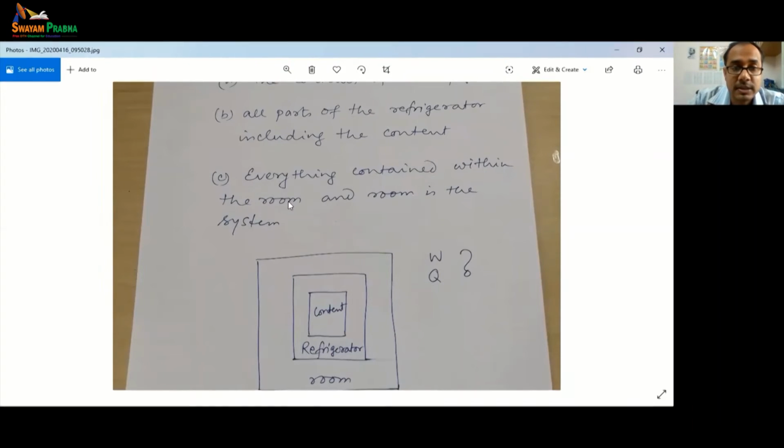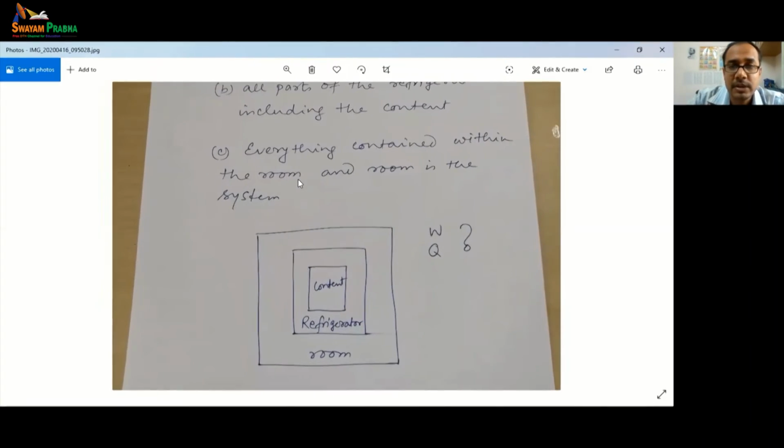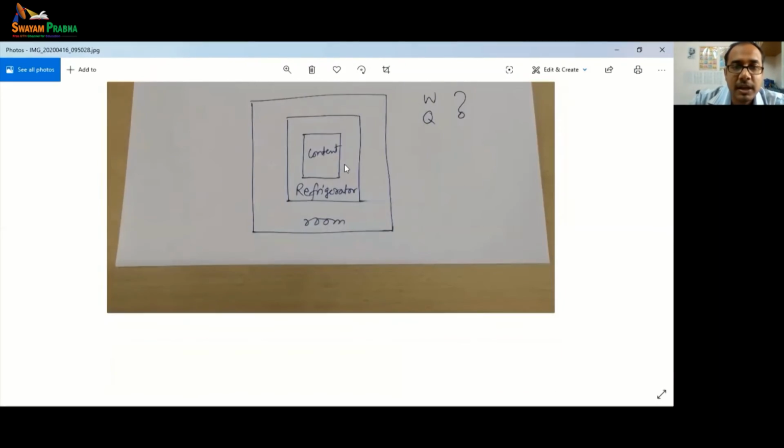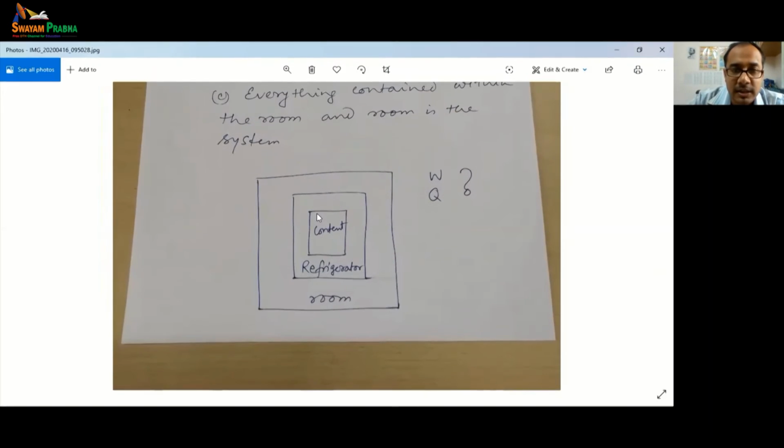The third case, case C, is everything contained within the room in which the refrigerator is kept. So the room is the system. Schematically, you can see that the content is the smallest part. If you take that as the system, that's possible. Now the refrigerator contains the whole of the content, so that's the second case.